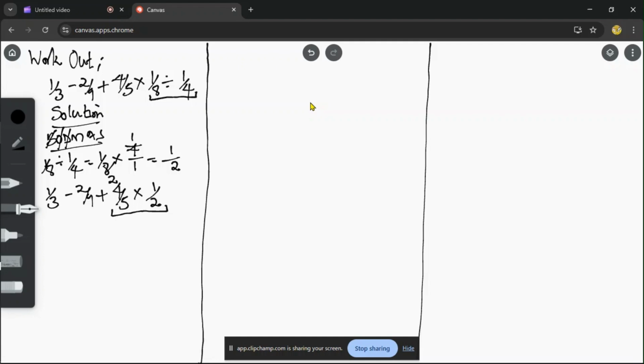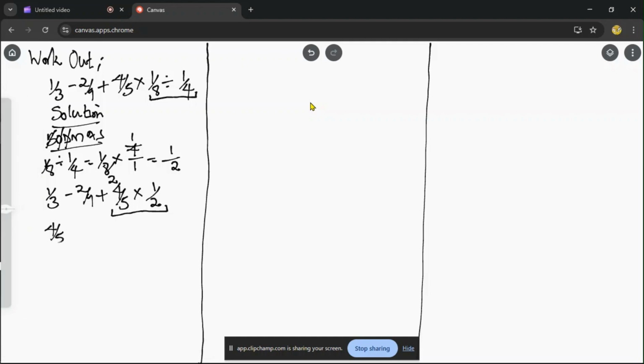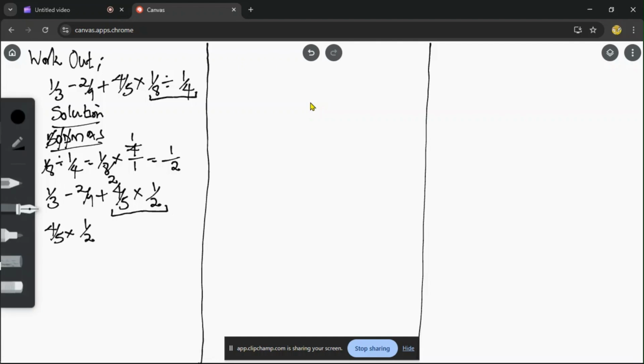I have 4 all over 5, you're multiplying by 1 all over 2. Do you have a number in the numerator that can be simplified with the denominator? Yes, by 2, 1. By 2, you're having 2. So I've cancelled that. Do you still have any other? No, so my answer will be 2 multiplied by 1, it is 2. Then 5 multiplied by 1, it is 5. So the answer here is 2 all over 5.